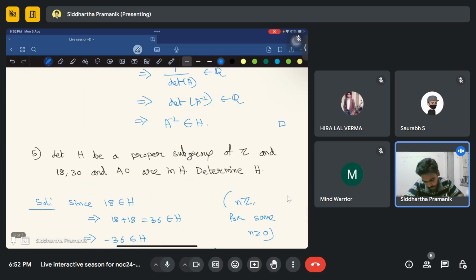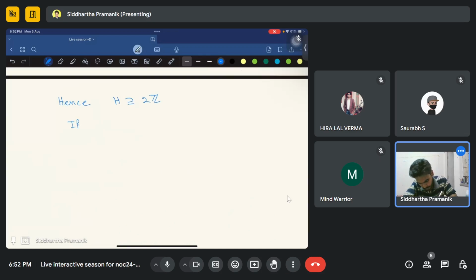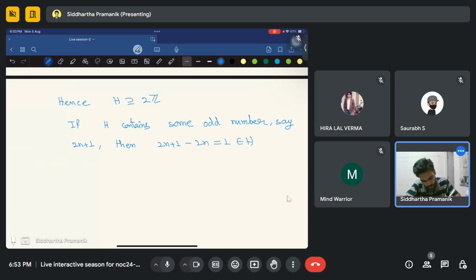Look, in the question, we have mentioned H is a proper subgroup. So if H contains some odd number, let's say 2n plus 1, then we know 2n is already in H. So 2n plus 1 minus 2n, so 1 belongs to H. And if 1 belongs to H, that will imply whole Z is a subset of H. So that will imply Z is equal to H. This is a contradiction, right?